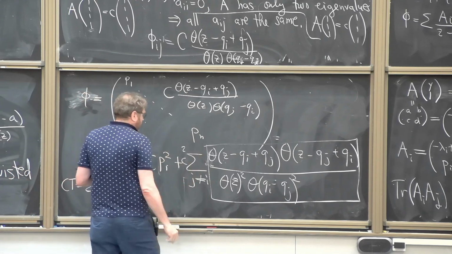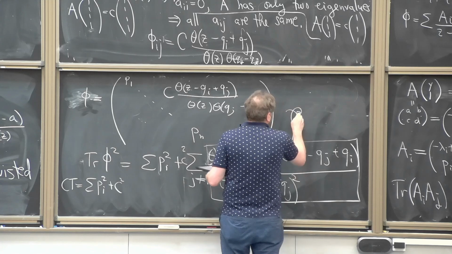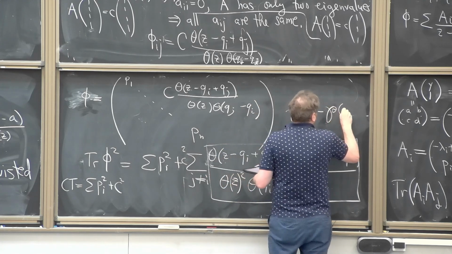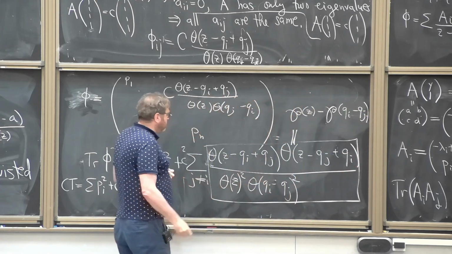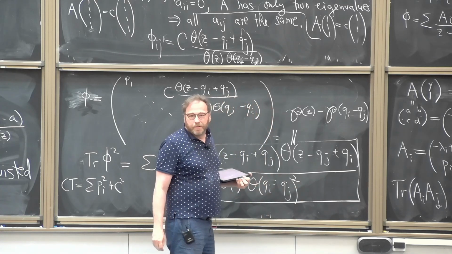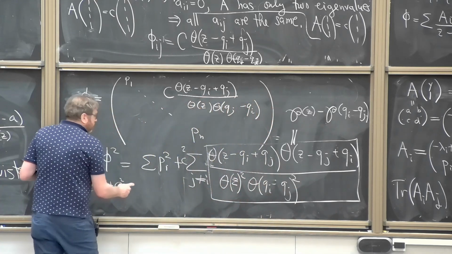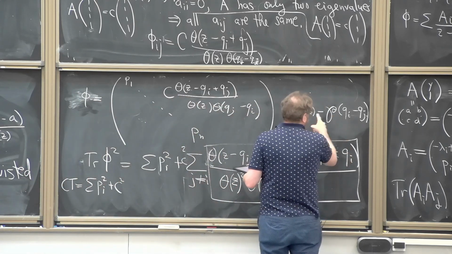And then the constant term, this thing, you can check, is just the Weierstrass p function minus the Weierstrass p function of qi minus qj. That's easy to check because this vanishes in the right places and has the correct poles. The p function has trivial coefficient for z to the zero.